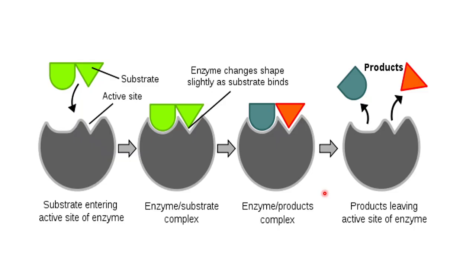What it does, it changes its orientation and captures the substrate to carry out a particular reaction. So the substrate binds to the active site of an enzyme, then the reaction takes place, the product formation happens in the bound state, and then the products leave. The enzyme is not hampered, the enzyme is not changing the reactant or the product. What it's simply doing is basically carrying out the particular reaction.